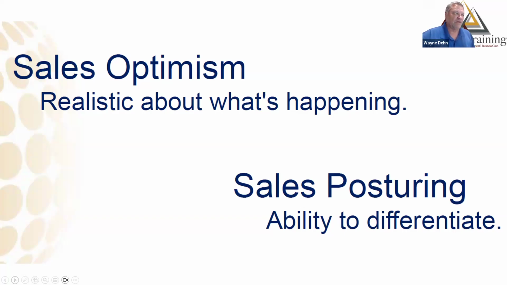When I talk about this in front of a lot of groups, especially salespeople that have to provide projections to companies, the optimism can be there, but it's got to be realistic about what's happening. Sales posturing is the ability to differentiate yourself to your prospects and clients. That's the posturing of what makes you different than your competition.